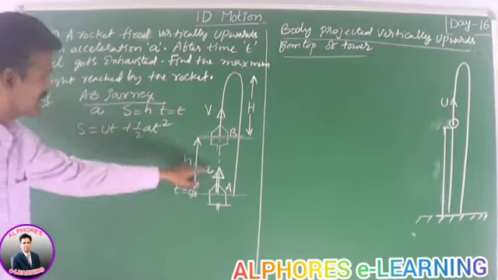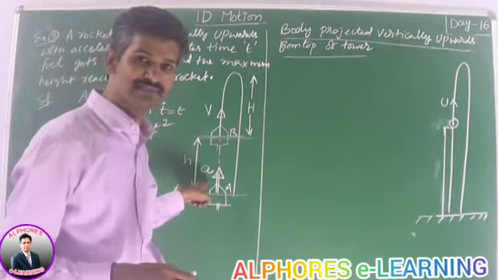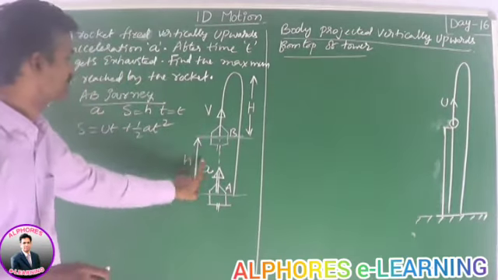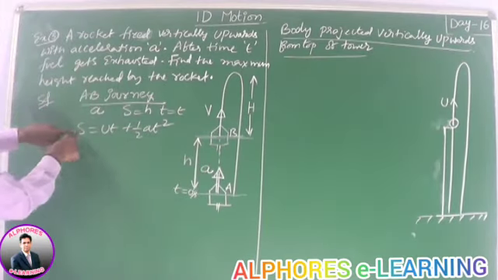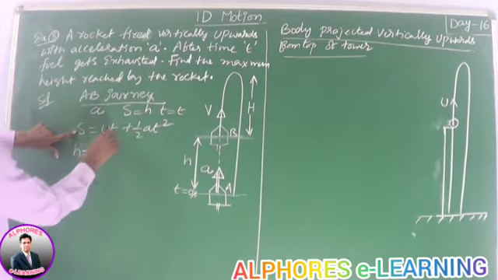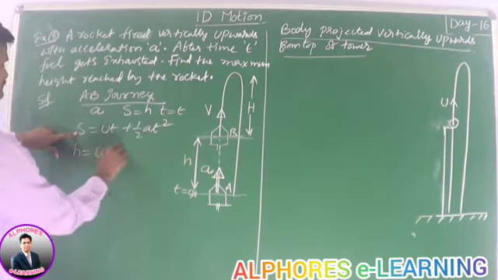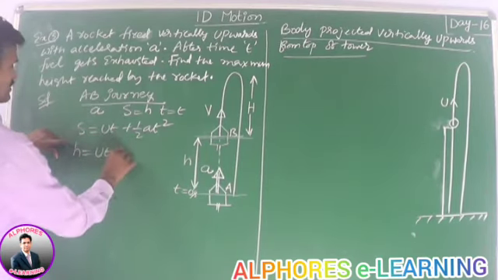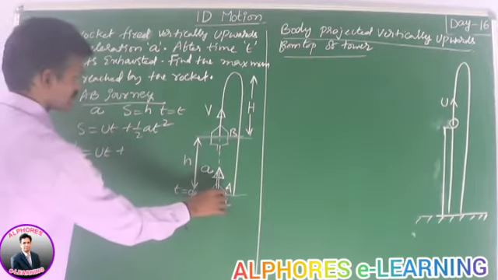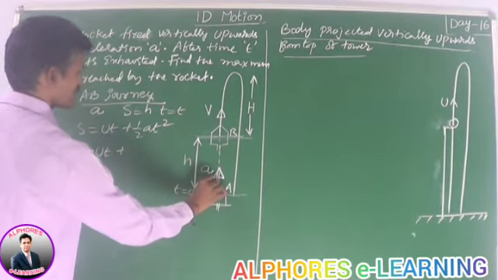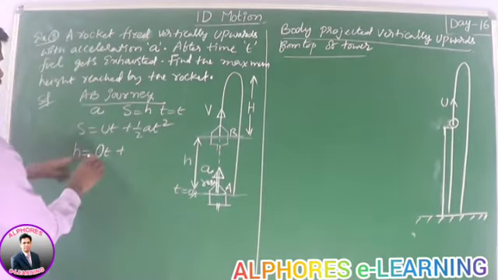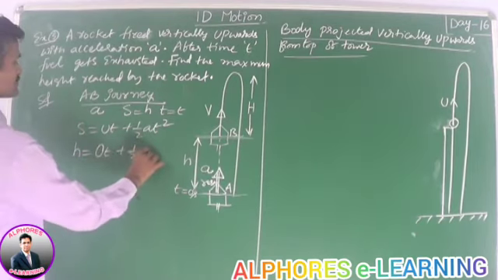The body is traveling vertically upwards, but don't use ut minus half gt square, because the acceleration is in the upward direction. So h is equal to initial velocity u into t, plus, since the rocket starts from rest, 0 into t, plus half a t square.